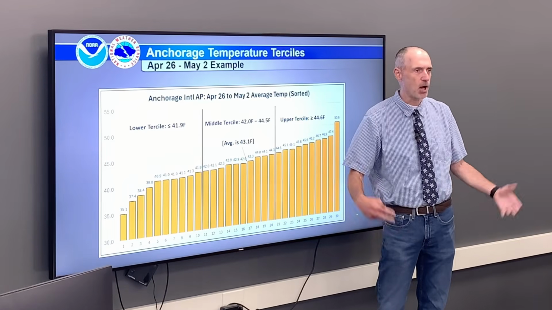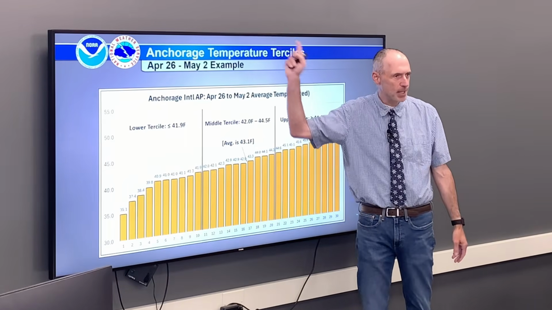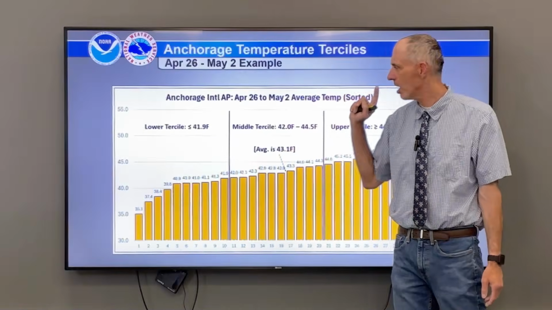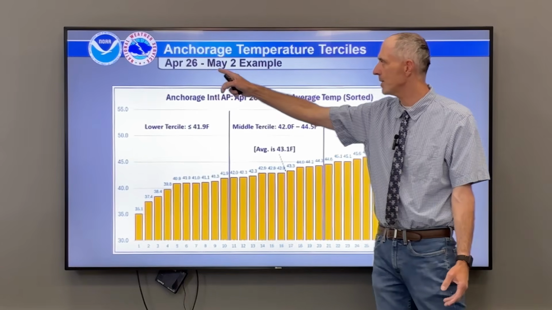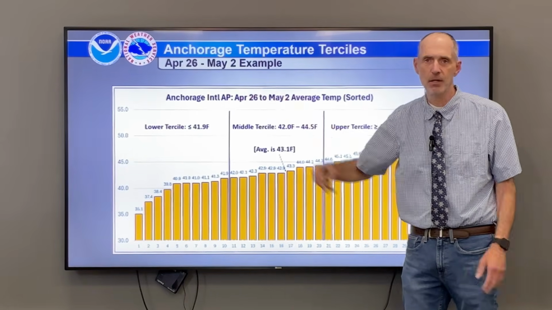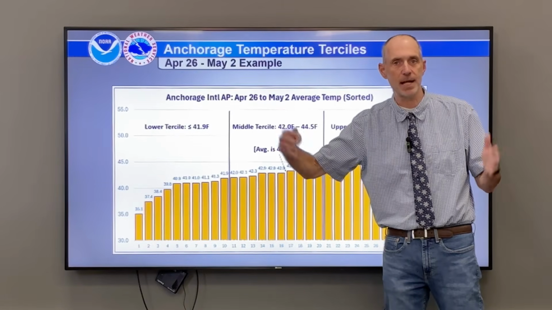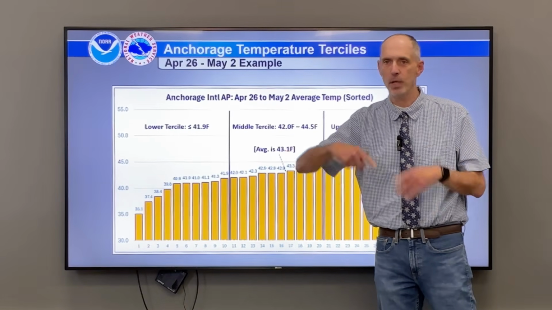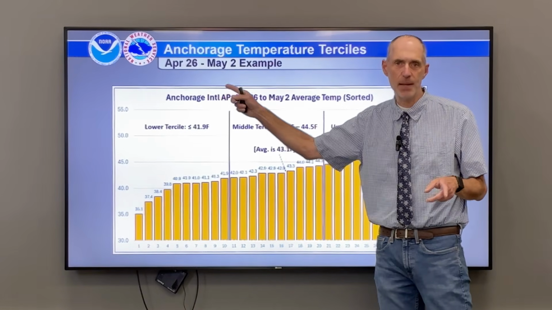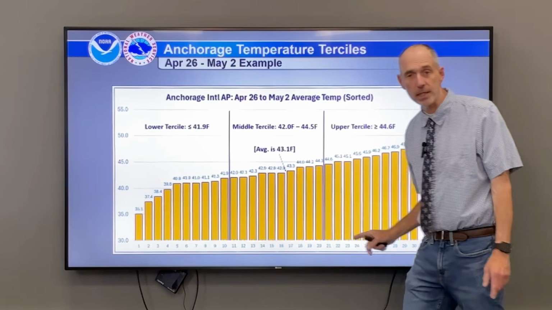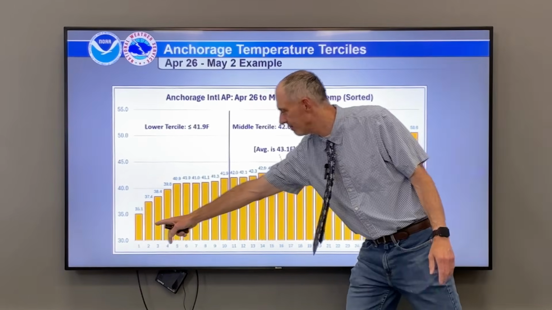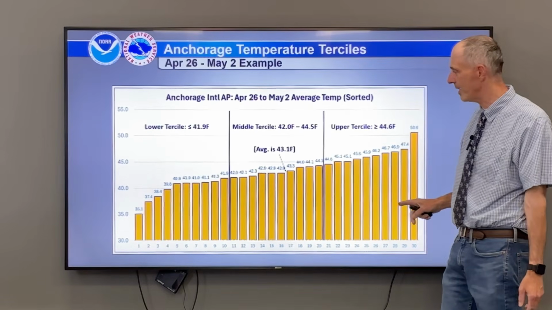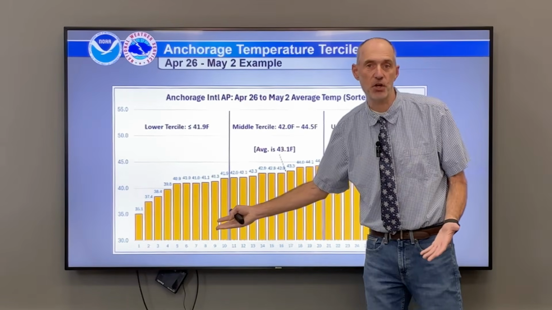All right, so let's talk terciles. Using that map we showed a minute ago, here are some terciles for the Anchorage International Airport for the April 26th to May 2nd period. We look at all 30 years from 1991 to 2020. We compute the average for this 7-day period, and then we order it from lowest to highest. And so we get this distribution right here, and we just break it into thirds.